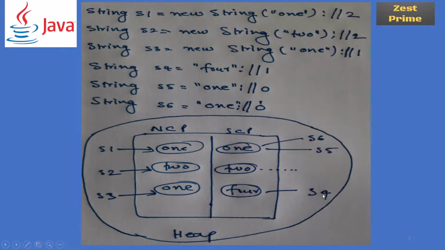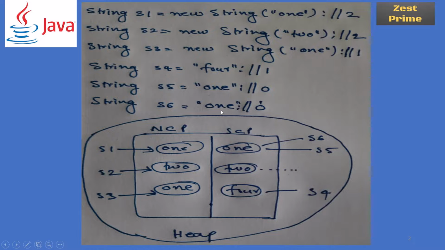Simple and straightforward. Now come back to s5. For s5 we have only "1", and "1" is already present as part of the previous statement s1. So "1" will be used from the string constant pool, but there will be no dedicated object. Whatever is already there, s5 will try to use it. So there is no new object, and the object count is 0.